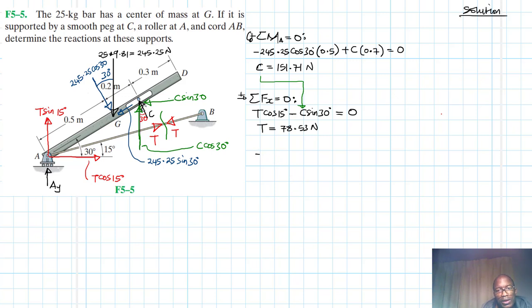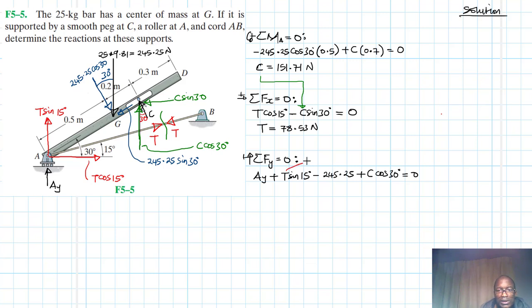Alright, then finally we can go in the other direction, where we have AY that we want to find. So we have AY plus T sine 15, then minus 245.25, then plus C cos 30 equal to 0.